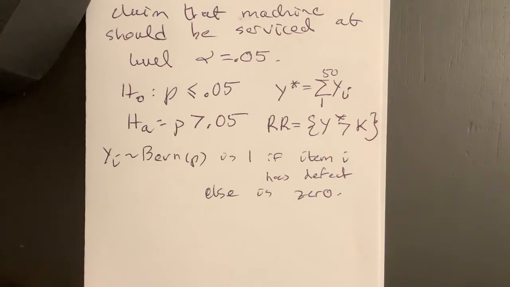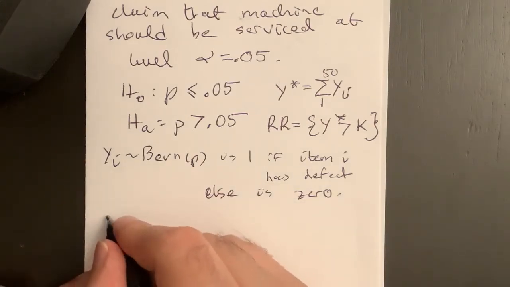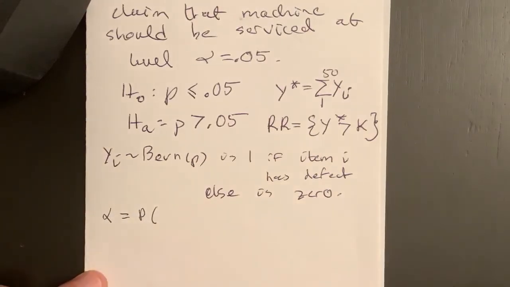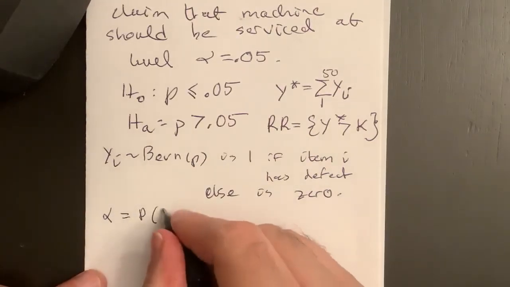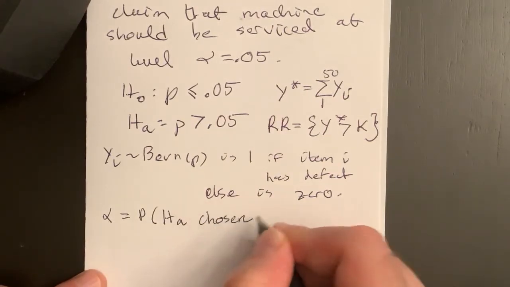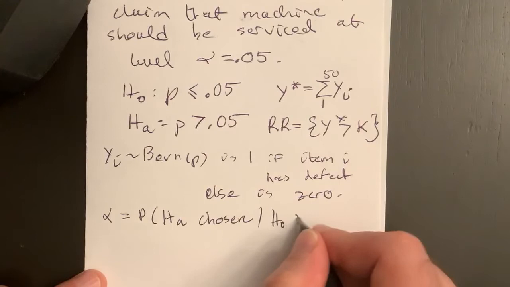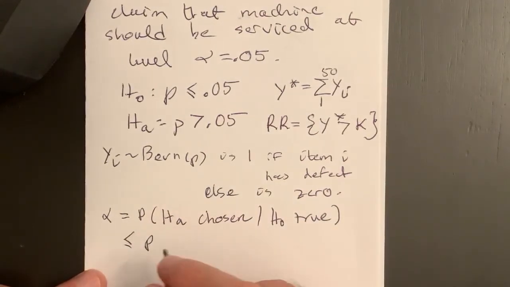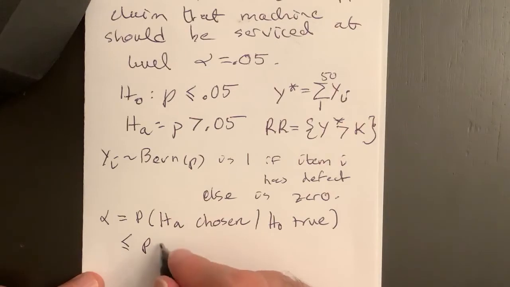To find k, we notice that alpha is equal to the probability that we choose HA given H0 is true, which is less than or equal to the probability HA is chosen.